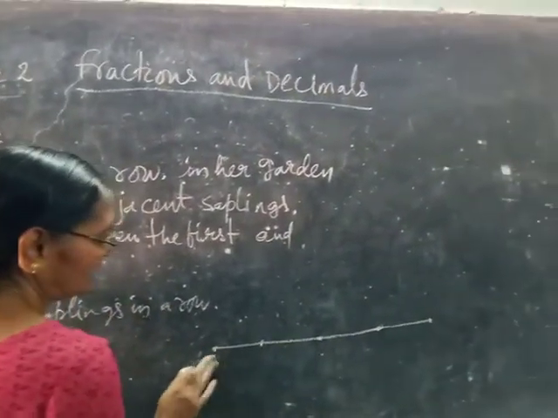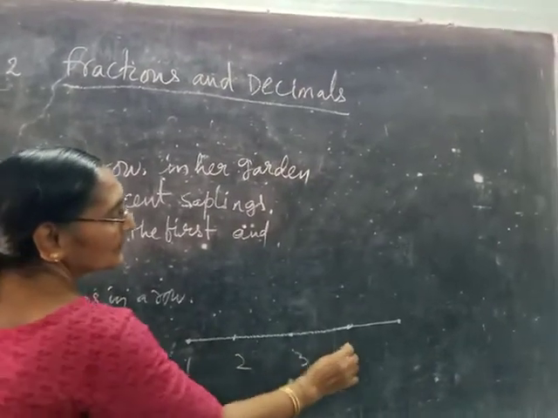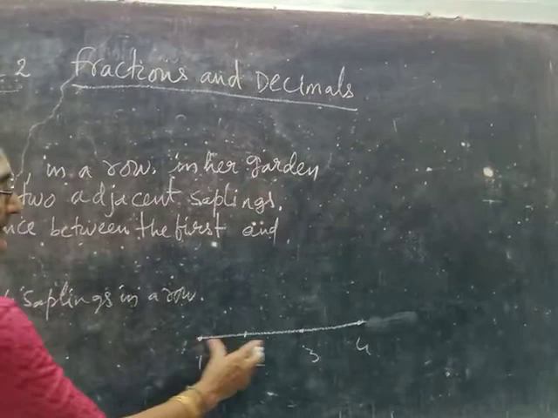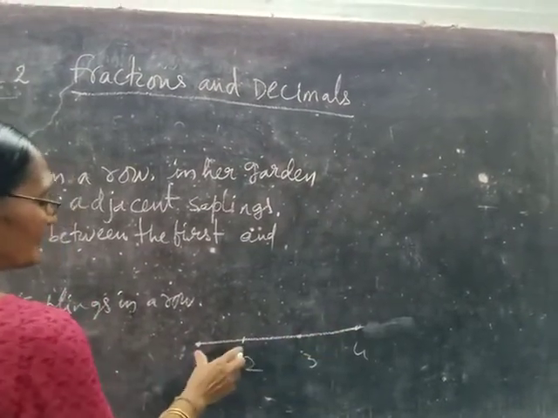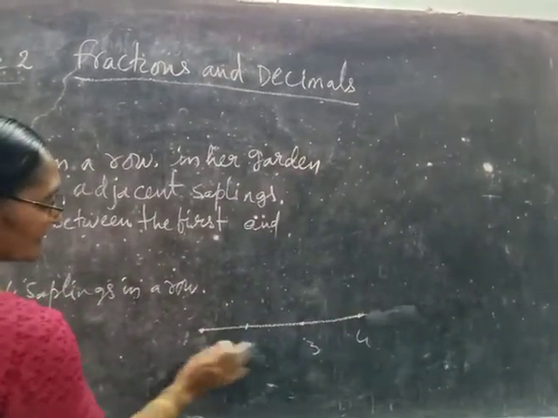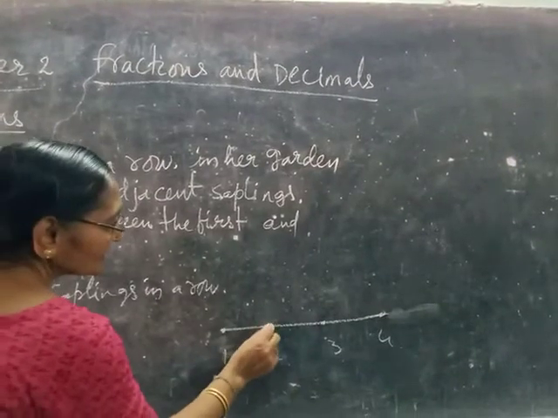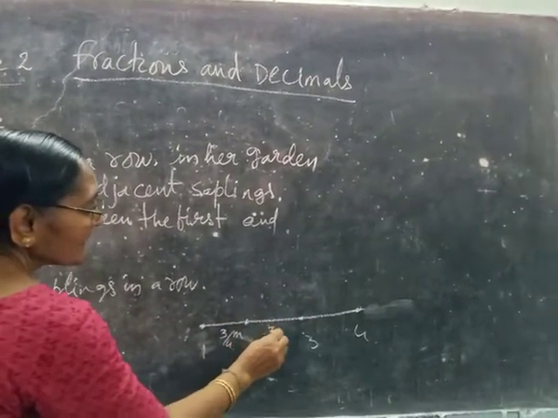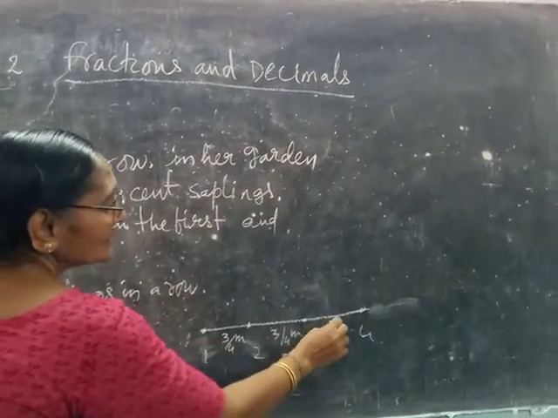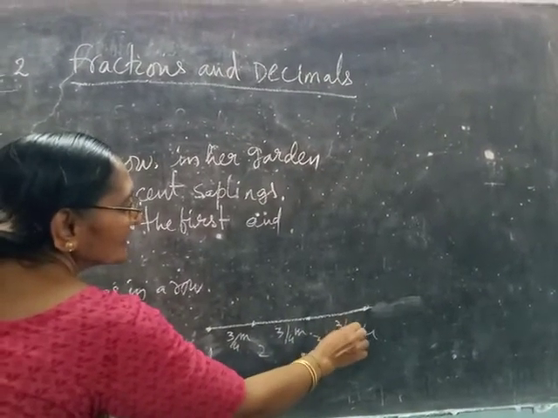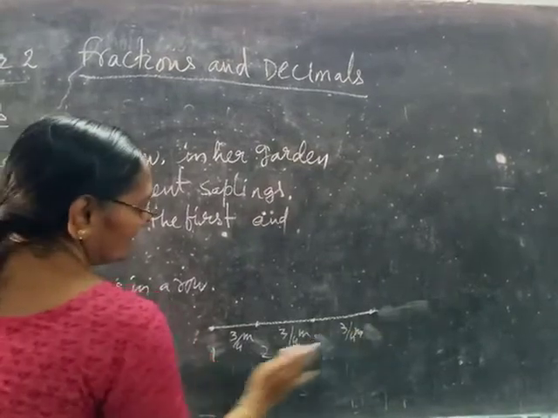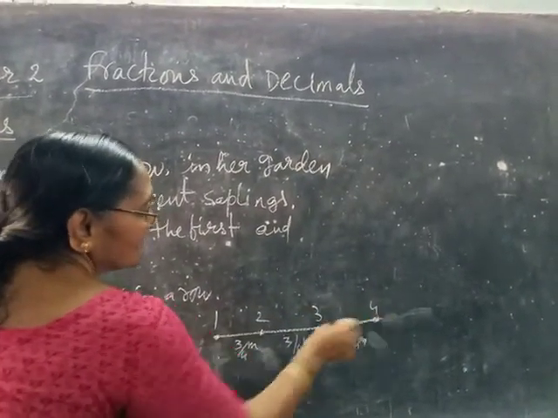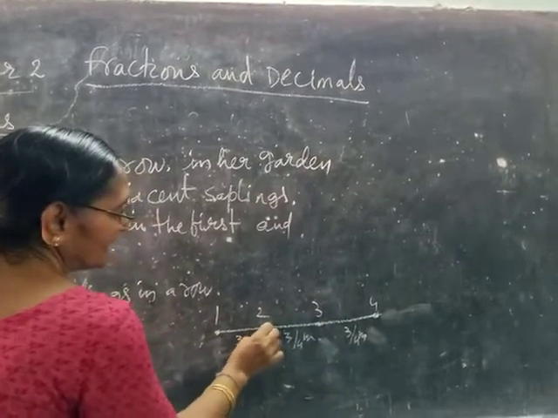The distance between these 2 saplings, from here to here, is 3/4 meter. Here it is also 3/4 meter, and here too 3/4 meter. Do we understand? 4 saplings are there, each at equal distance.